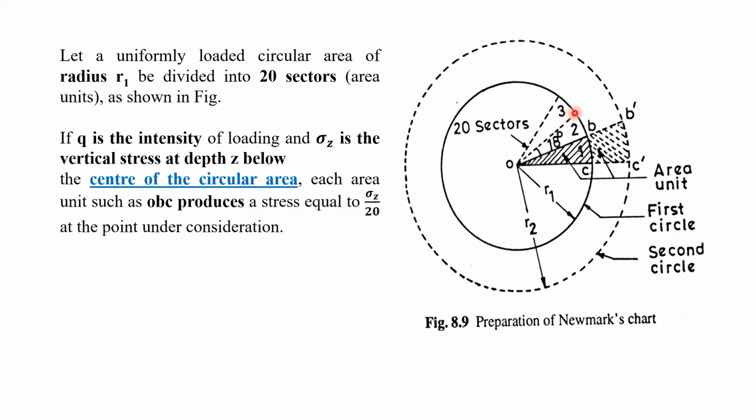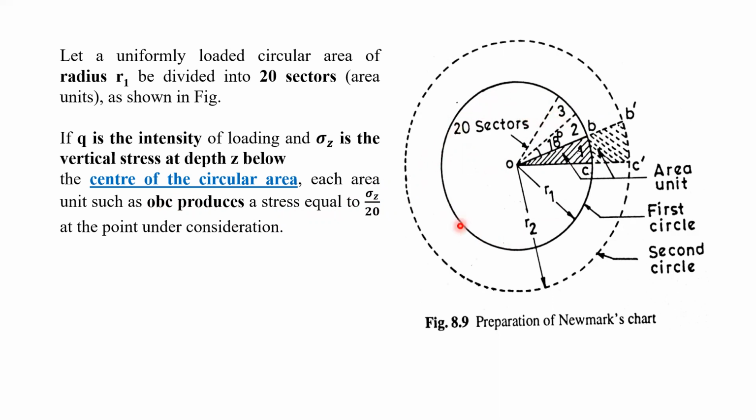Because you can see this sector, 20 sectors are there. So if the total area produces the vertical stress sigma z at depth z, then for one sector we can divide sigma z by 20, because we are discussing here OBC. OBC means this one sector: sector 1, sector 2, sector 3. Likewise, it has been divided into 20 sectors.